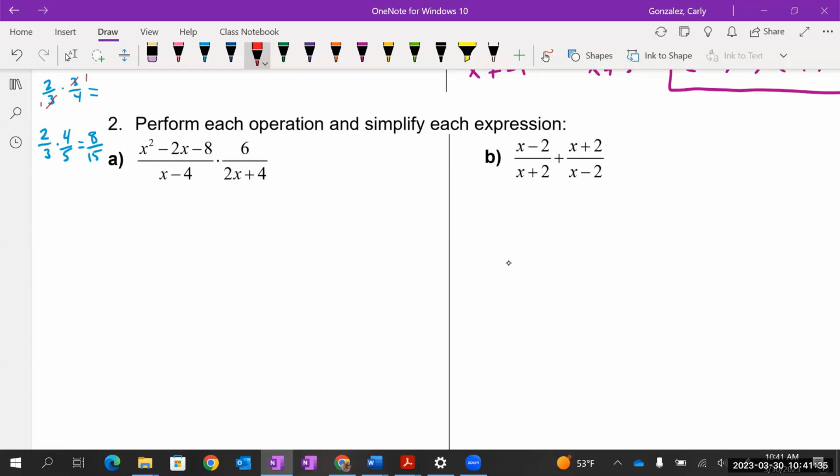And in addition, we can reduce the 2 and the 4 by 2, and we get 1 and 2. And so we can go straight to 1/2. And this is how that canceling first is how we will generally deal with our multiplying rational expressions. So let's go for it.